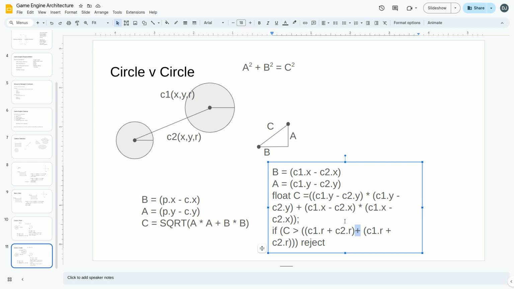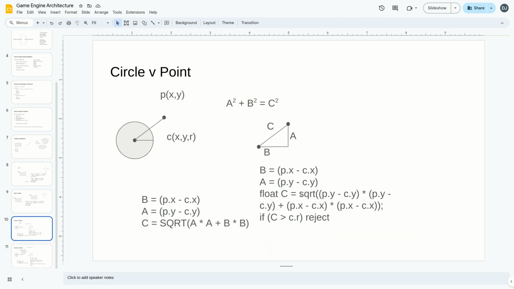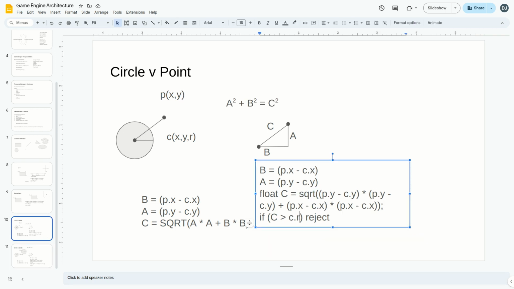This is supposed to be times. For the price of one floating point multiplication, I've gotten rid of about 11 floating point divisions that I would have with the square root. And the same thing would apply to this as well. So this would be r times r, and then I can get rid of the square root. So one multiplication gives us the ability to avoid 11 divisions.